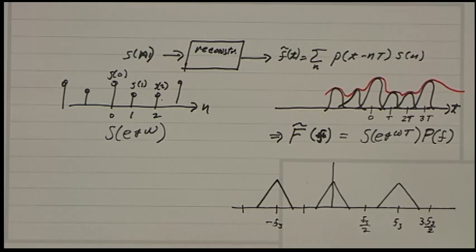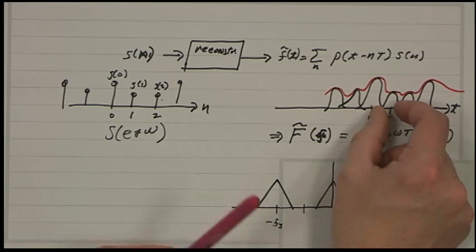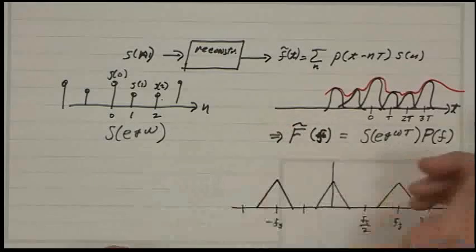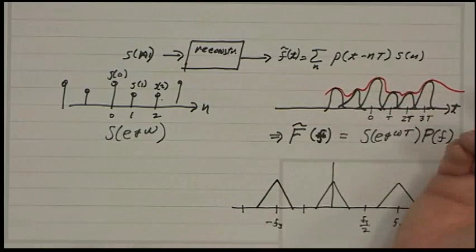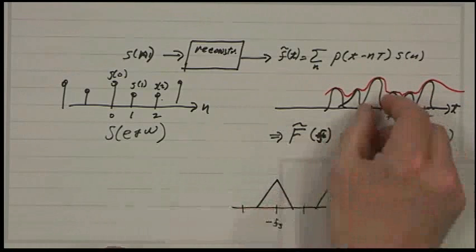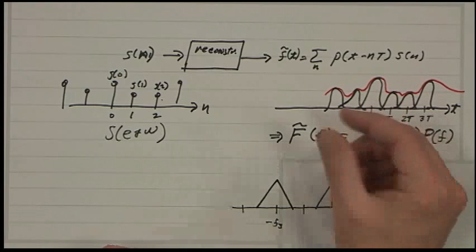So what'll happen if the pulse has finite support, then certainly you can't get any frequency response you want. And in fact, there's a theorem which says that if you have something which is bounded in frequency, it's unbounded in time. Let me say it the other way. If it's bounded in time, it's unbounded in frequency. If it's bounded in frequency, it's unbounded in time. So since this is bounded in time or space, it's got to be unbounded in frequency.